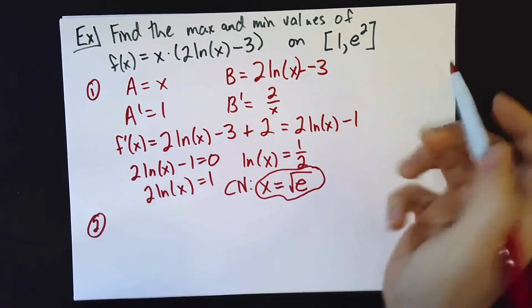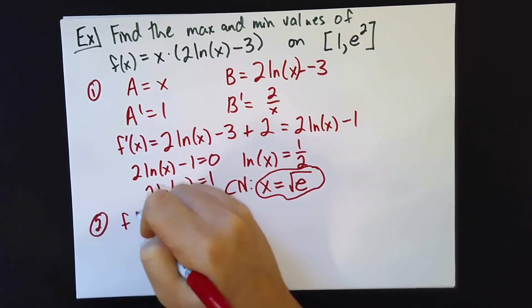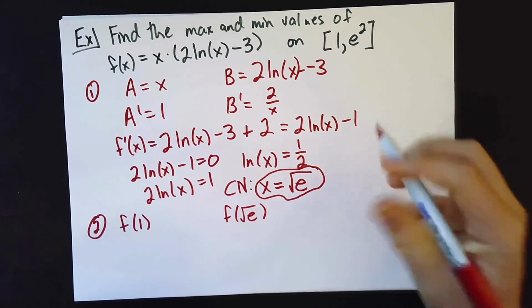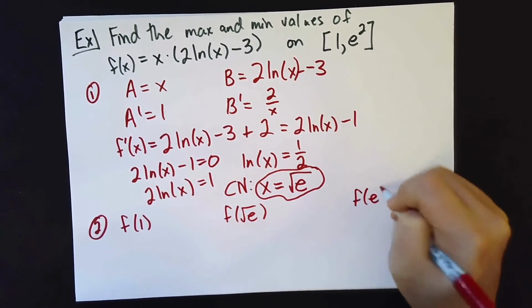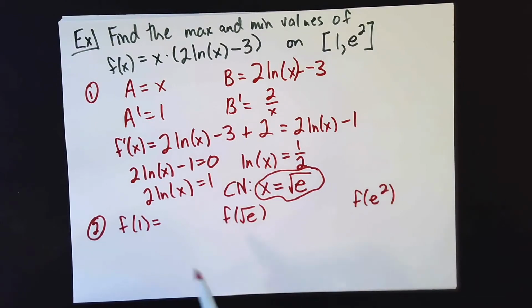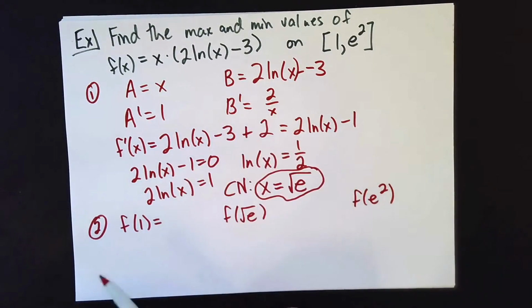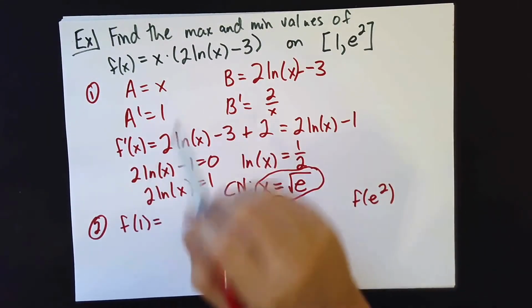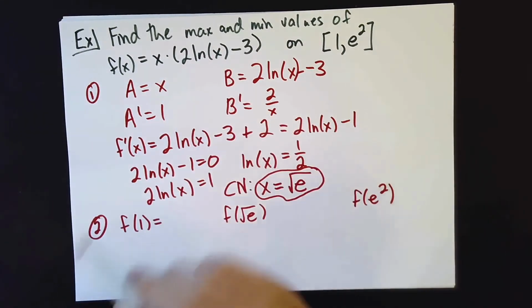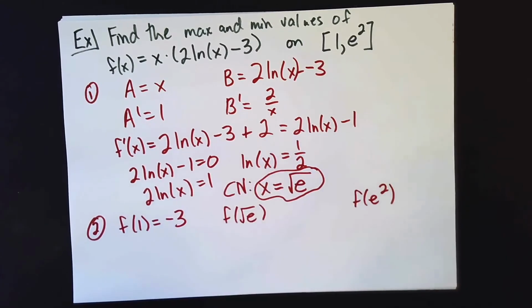Second, we have to evaluate f of 1, f of the square root of e, and f of e squared. F of 1, and remember we're going back to the original function here, is 1 times, and then this piece is 0 minus 3, so it is minus 3.